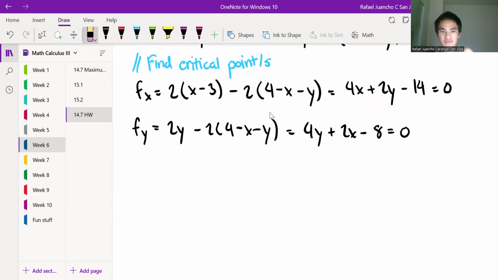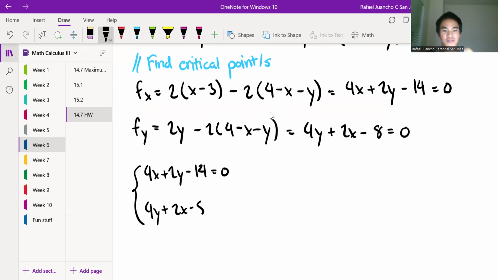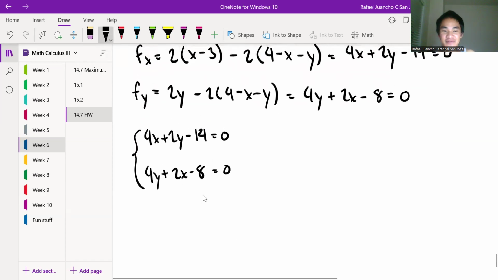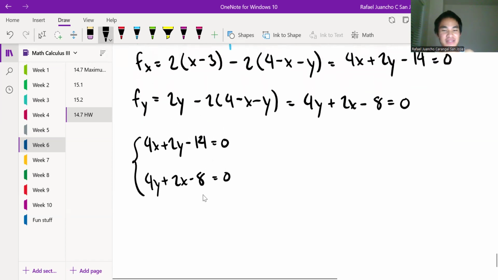Let me see, I guess I can divide them by 2. So if we just say these are equal to 0, I could say they're just equal to each other, right? Like I could do that. Wait, I'm not gonna try to do that.